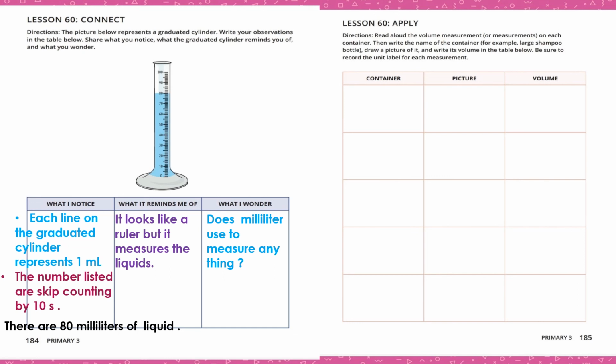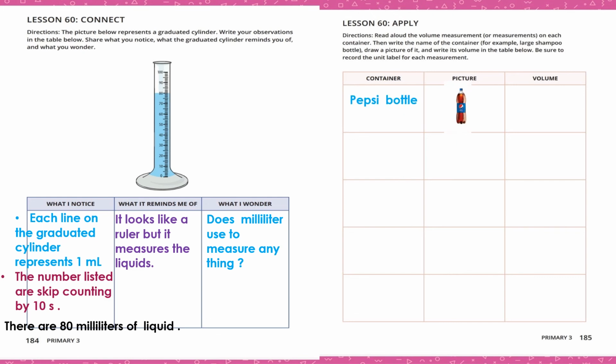The next page here with the apply part. We have a table and it consists of 3 columns. The first column, container, the second, the picture, the third, the volume. Here I will give you some examples to get its volume.